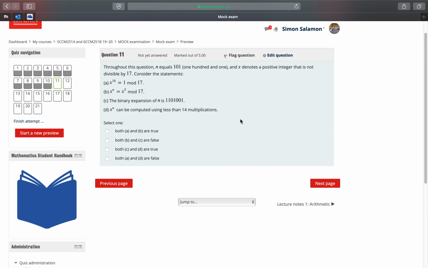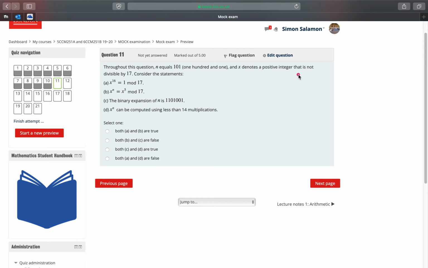So n is just an abbreviation for writing 101. Now, to avoid any confusion with binary, because 101 could in fact be a number in binary, probably this wouldn't be on an honest exam because it'd be too confusing, but I have written 101 to make it clear this is not a binary number, it's a decimal number. So n is 101.